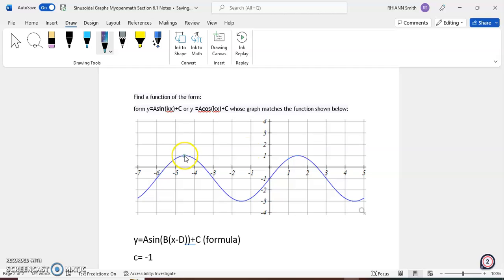They both touch 1 on the y-axis. So I'm going to choose these 2 points because they have the same y-value. They don't have the same x, but they do have the same y. The only reason I'm so concerned about them having the same y is that it proves they're the same height.